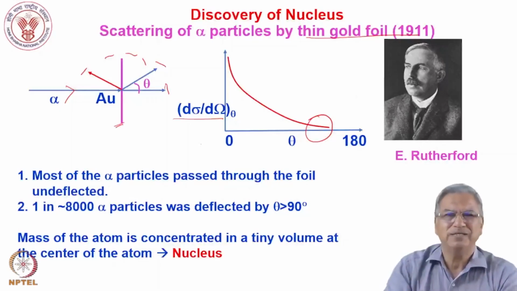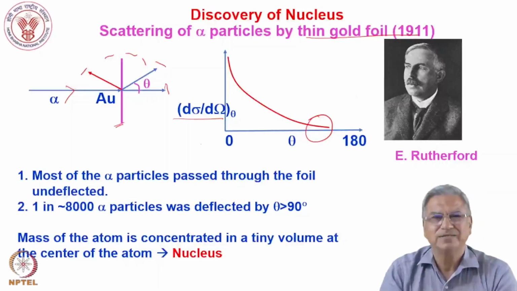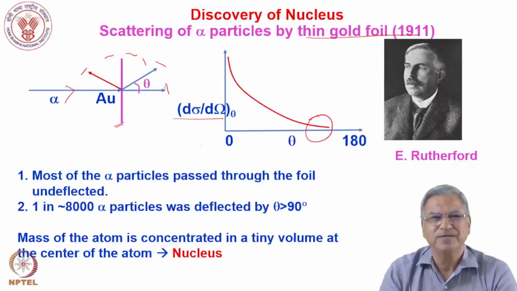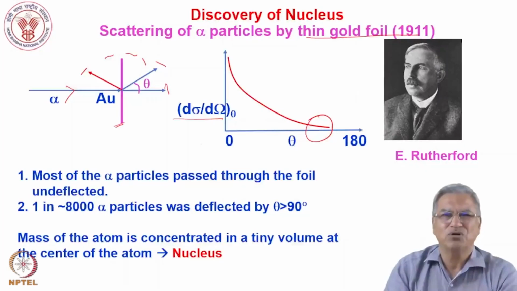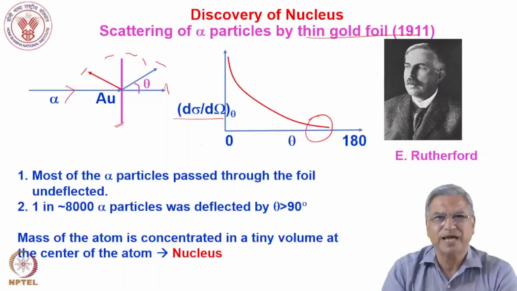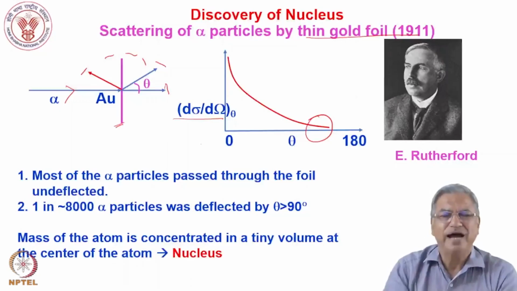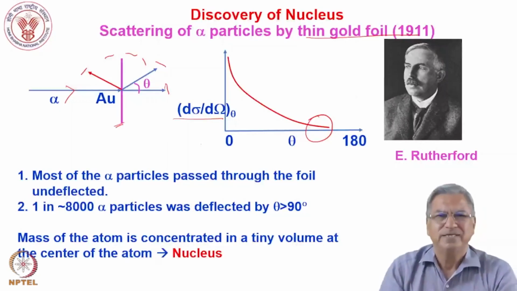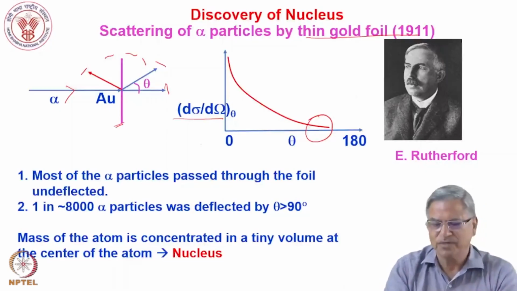The typical dimensions of the nucleus vis-a-vis that of the atom are that if the atom is of the order of a football field, then the nucleus is of the order of a football. So that is the order of magnitude difference between the atom and the nucleus. This was a very, very important discovery, and I'll come to this further.